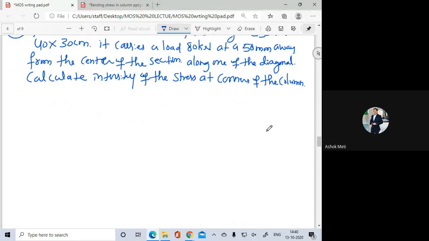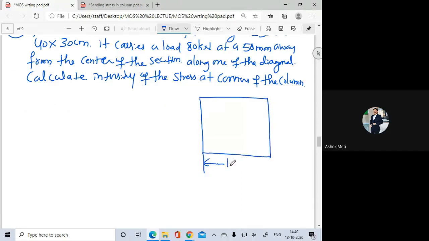So here is the given cross section. You can see here, this cross section has a width of 40 centimeter. All is given in terms of centimeter, and the depth is 30 centimeter. Now this will be one diagonal, and this will be another diagonal.